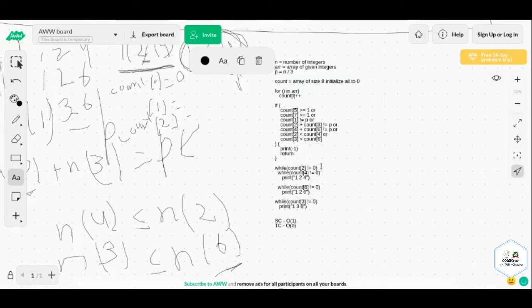Count of 2 will be less than or equal to n. Count of 2 plus count of 4 plus count of 6 will be order of n only, right? It will not be n square, so time complexity will be O of n.